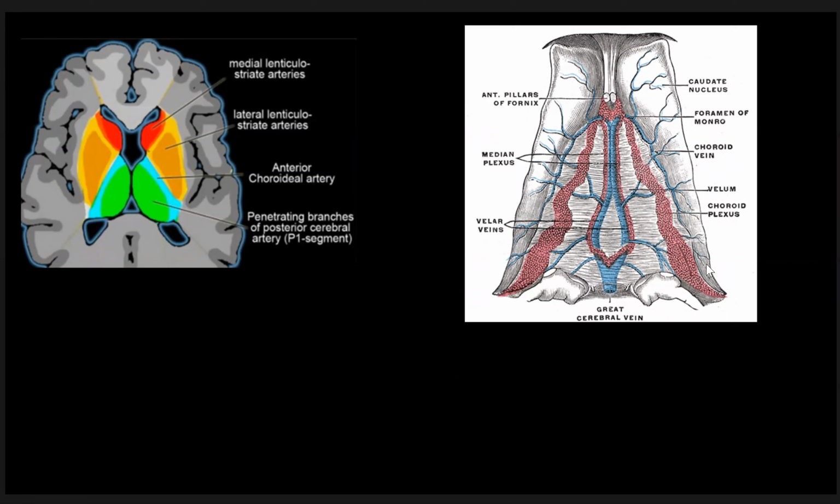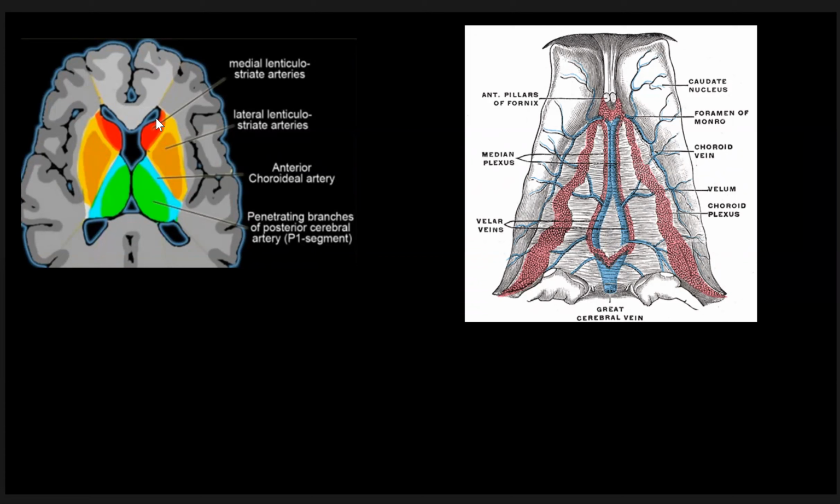Venous drainage is into the deep venous system, the superior and inferior thalamostriate veins, which drain to the basal vein of Rosenthal, and then to the internal cerebral vein, the vein of Galen, the confluence, and the transverse sinus.